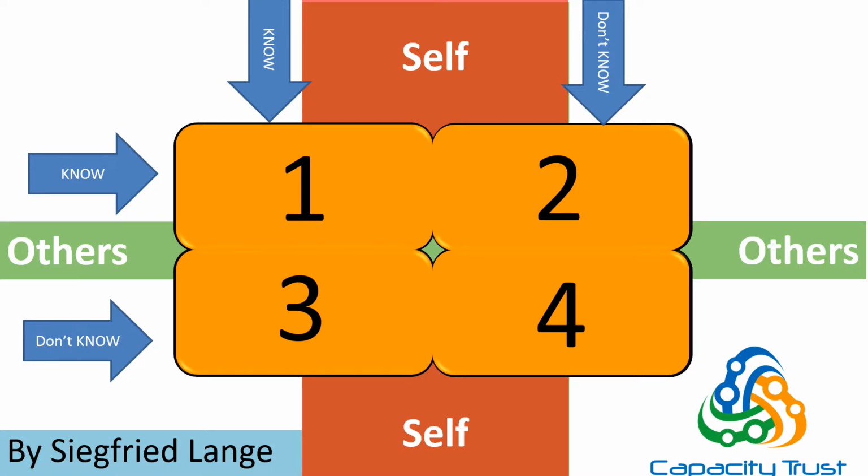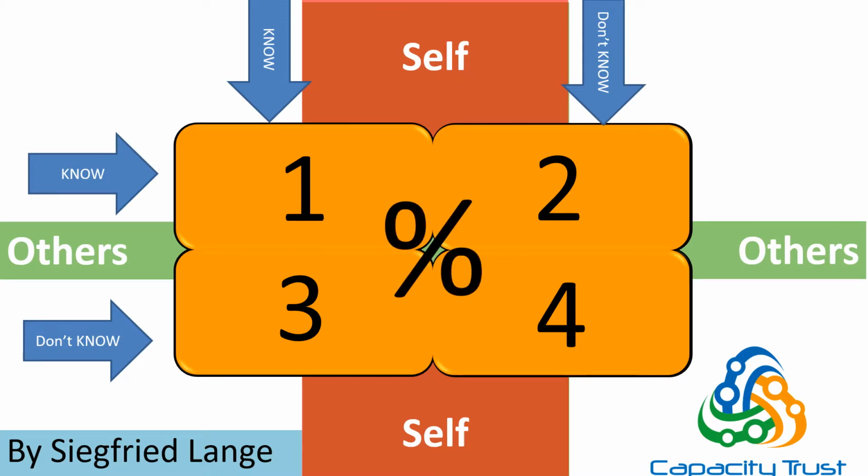You see, in this quadrant, insight is grown like never before. It is amazing how much new insight can be developed when we just ask questions that we don't know the answer to, and we know the other person also doesn't know the answer to that question.